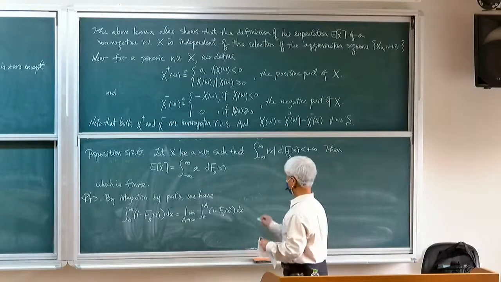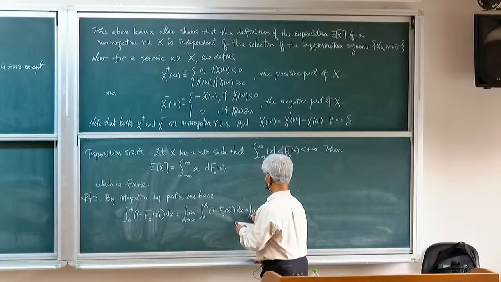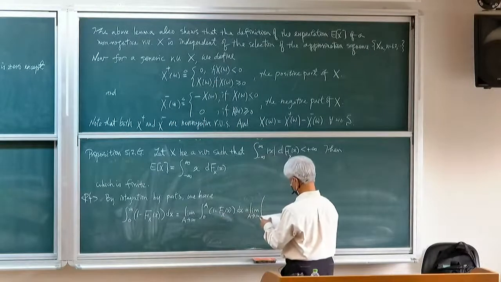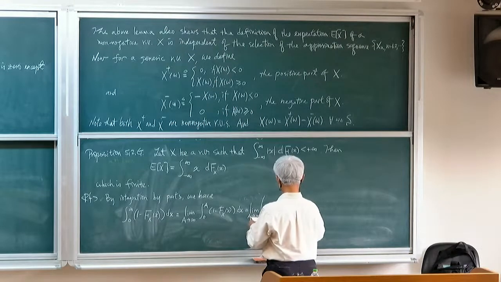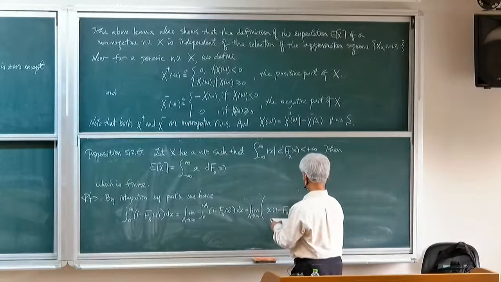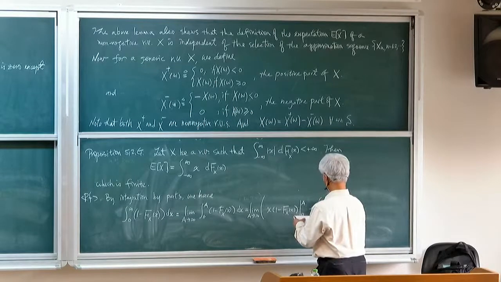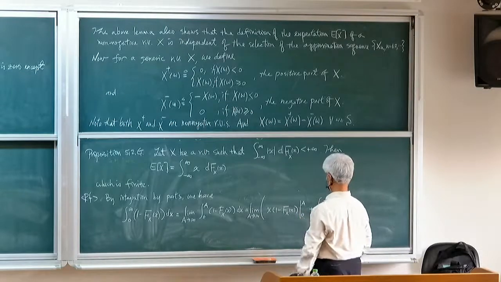By integration by parts, we have x times (1 minus F of x) from 0 to a plus the integral of x dF(x).